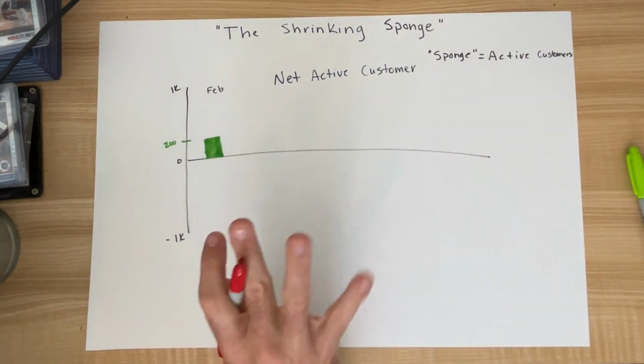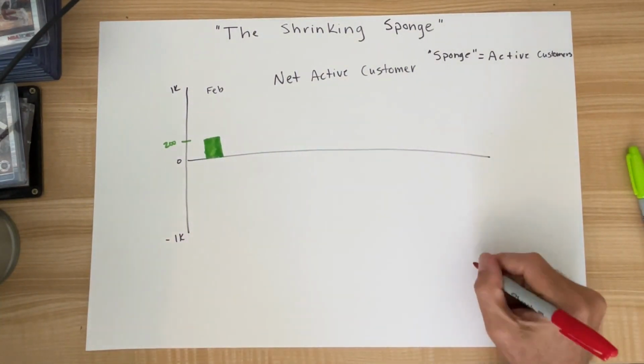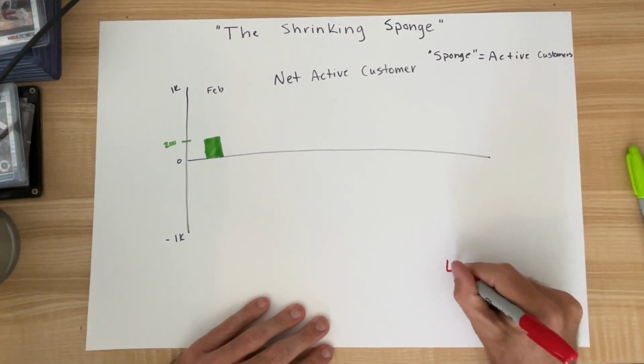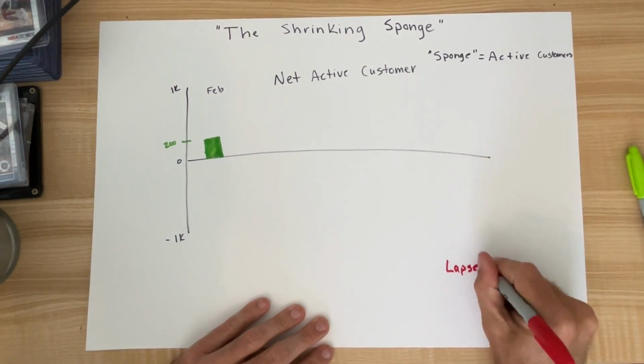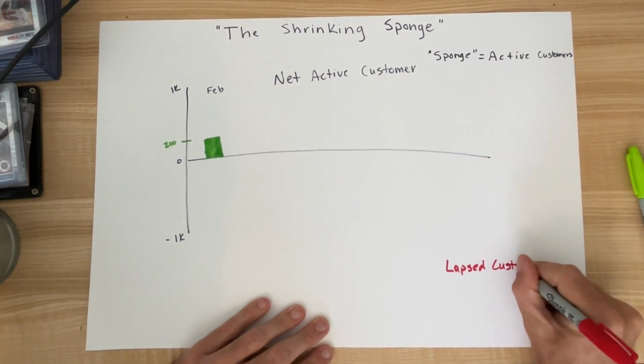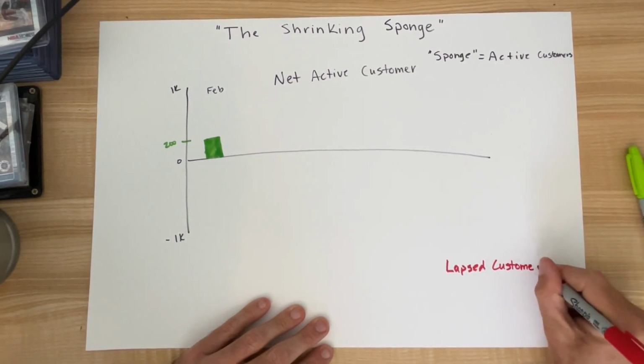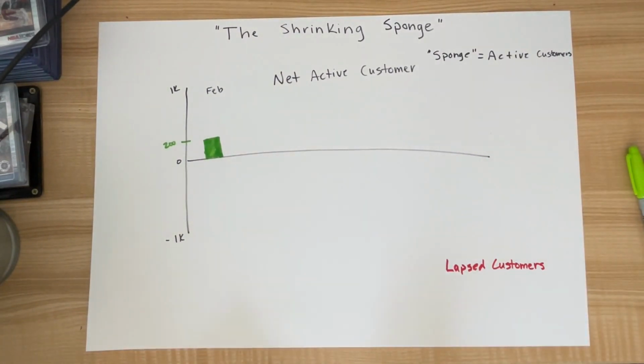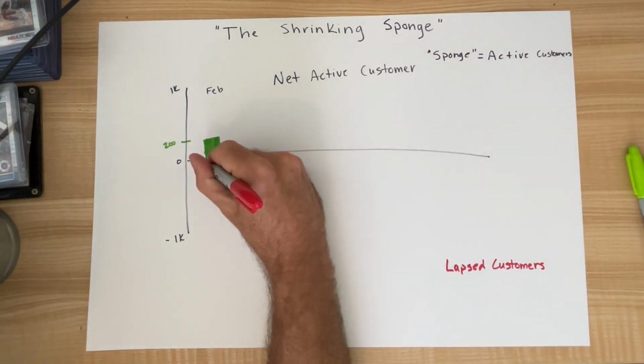There are 4 different kinds of interactions that we're going to track and measure. One is lapsed customers. These are customers that move beyond the average repeat purchase timeline. Let's say the average time between purchases for your brand is 90 days. You might define a lapsed customer as anybody that exceeds that by 25%. So they get to 120 days, they haven't repurchased, they are defined as a lapsed customer.